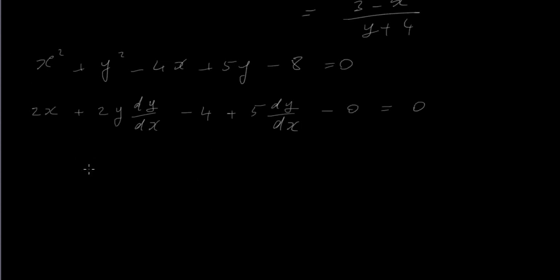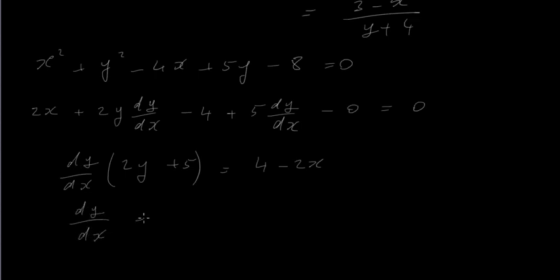So I end up with dy/dx times (2y plus 5), and on the other side I'm going to end up with 4 minus 2x when I bring these two over. Divide now, so you've got dy/dx is equal to (4 minus 2x) all over (2y plus 5). And that's it. I can't simplify any further really.